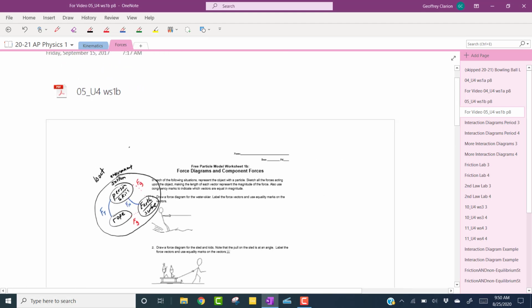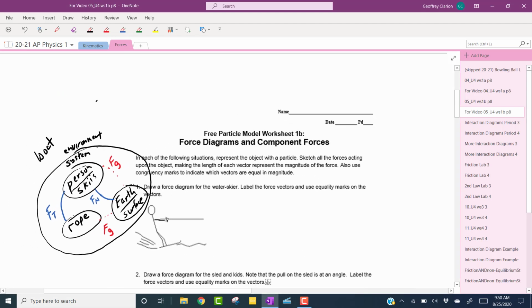So let's go ahead and draw a horizontal motion map. In the horizontal, we're used to drawing this already. We've got the position line, to the right is positive. The skier is moving with constant velocity. And the acceleration horizontally is going to be 0 because there's no change in velocity. That's the definition of acceleration.